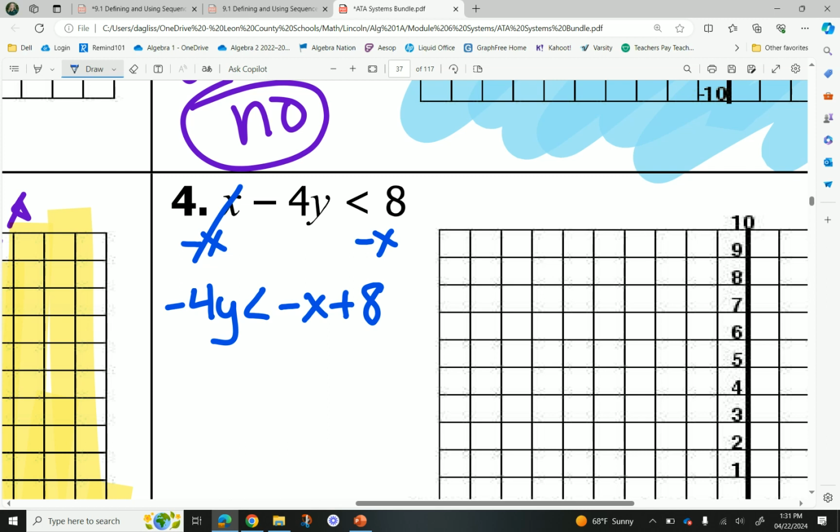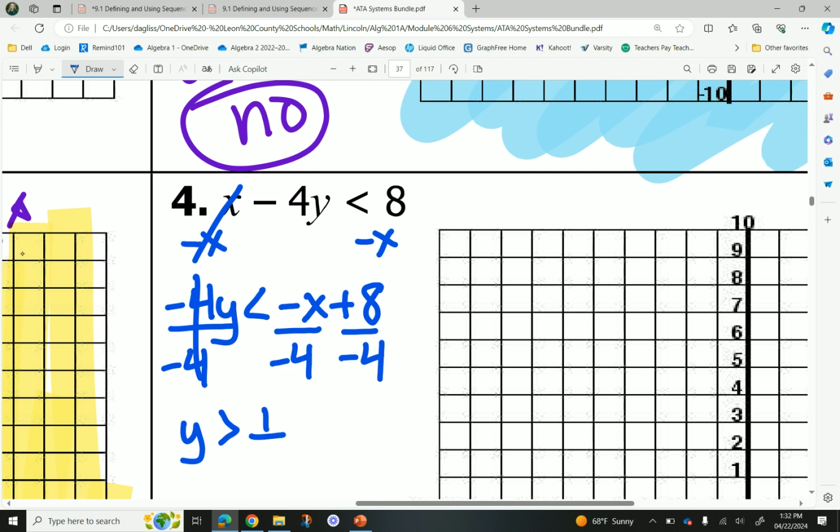What do I do with my negative 4? Yes, divide each piece. And we have to flip the sign, so that y is now greater than. Negative over negative is a positive.